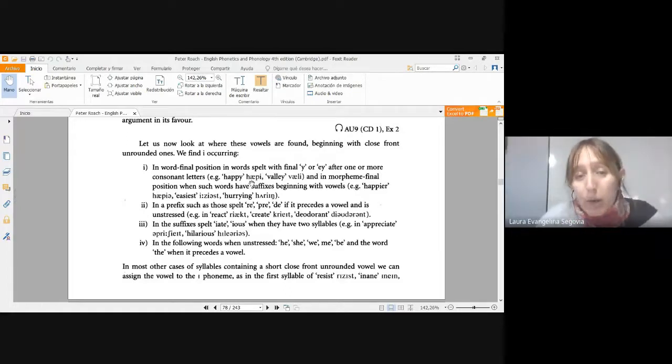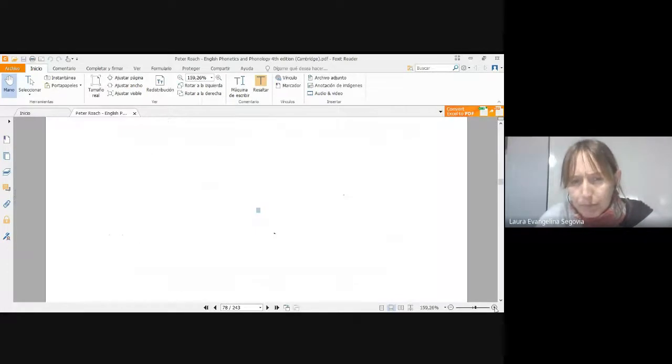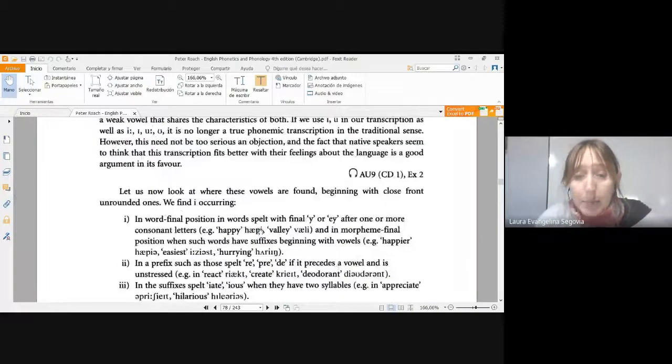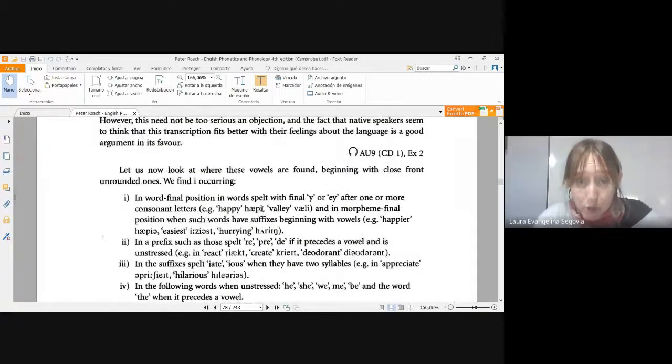See, for example, in the word happy, ha is a strong syllable, and py is lower in intensity. I mean, you make ha strong, happy, and the last part is lower in intensity. So it's happy, valley. Again, the last E part is a neutrally.